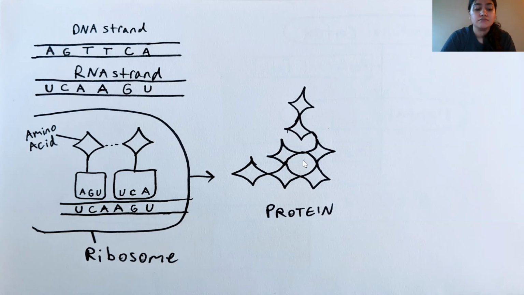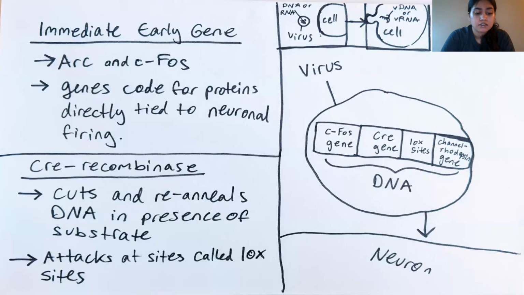Now, different proteins are formed at different times and have all sorts of different purposes, as you know from studying the different enzymes and channels and receptors we've looked at so far. There are certain proteins coded from genes called immediate early genes in neurons, and these proteins are directly tied to neural firing. So they will be coded a lot more, and they'll appear and be active as soon as a neuron fires.